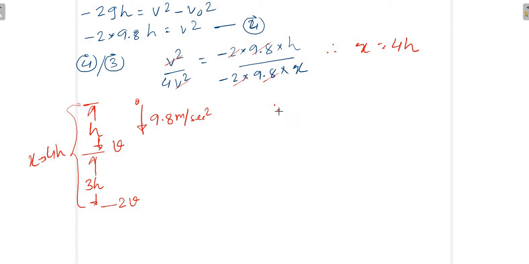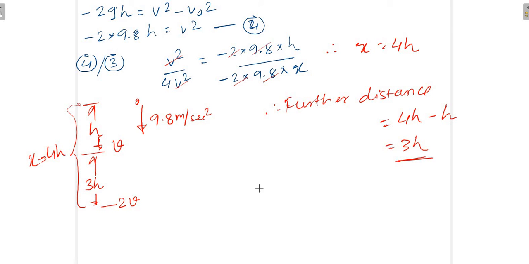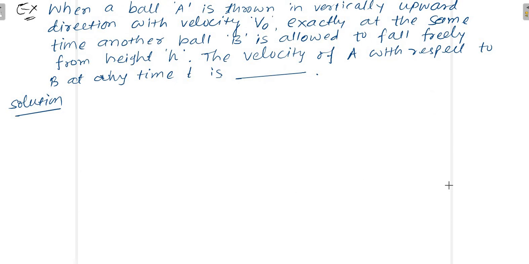So obviously the final answer is that further distance is equal to 4h minus h, that is 3h, at the end of which final velocity will be equal to 2 times velocity, right? So this is how we can solve the problems of freely falling object.